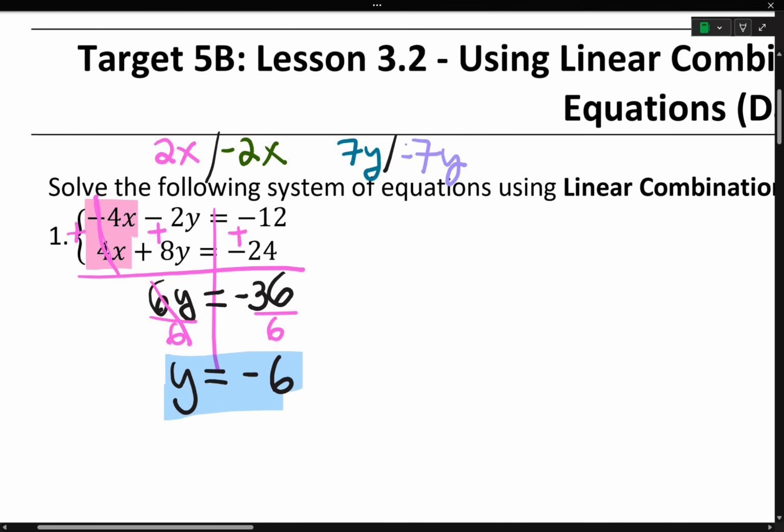The good thing about systems when they're in linear combination mode, where the x's and y's are on the same side and the term that's by itself is on the other, is we can choose whichever equation we want to plug in our variable. So it's up to you whether we plug y equals negative 6 into the first or second equation. Because I'm leading the lesson, I'm just going to pick the first one.